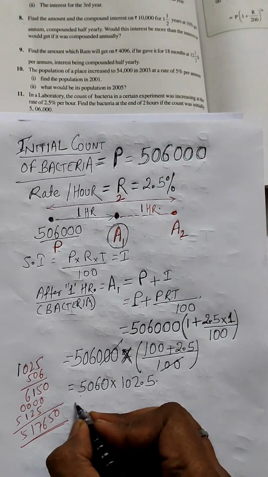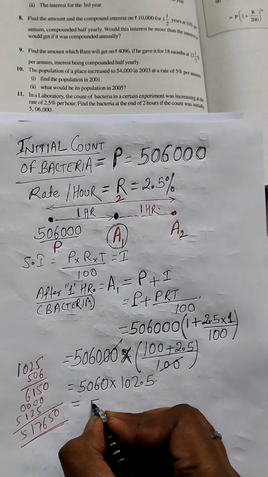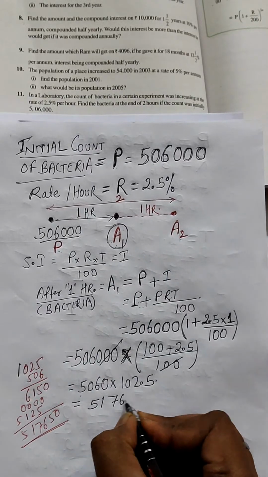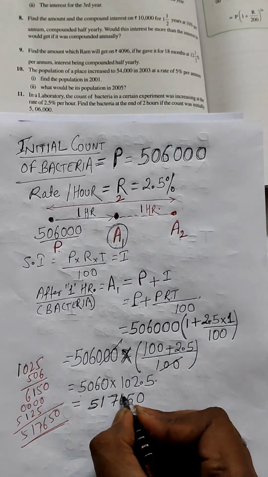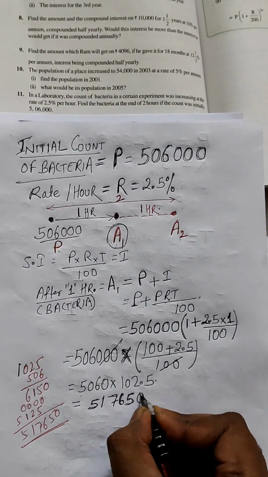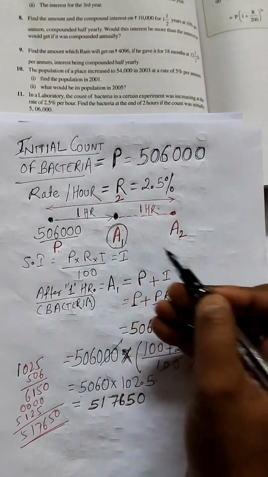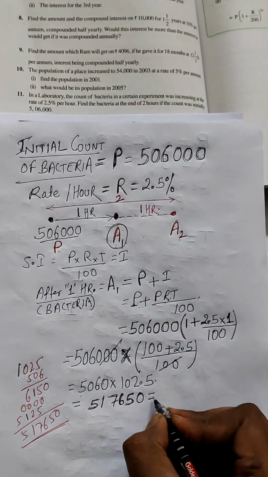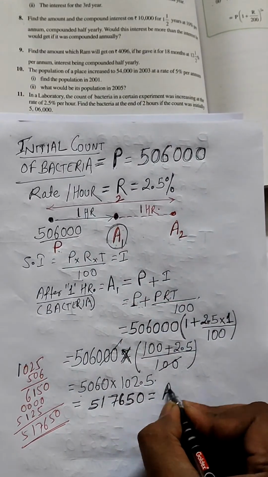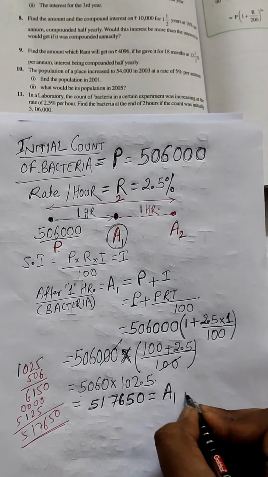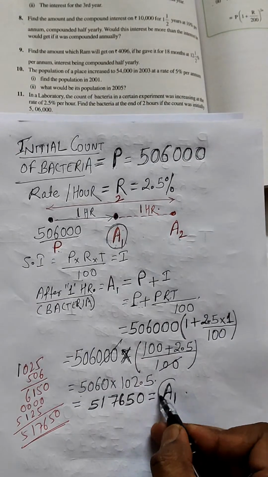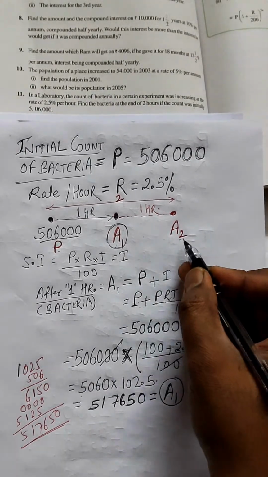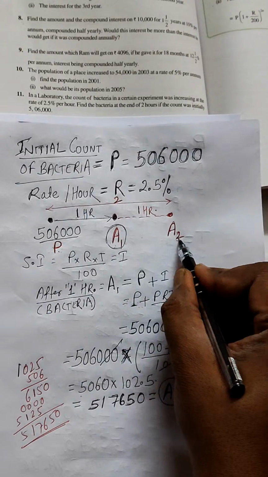So the bacteria is multiplying to 517650 after 1 hour. This is the count of bacteria after 1 hour, that means this is the value of A1.